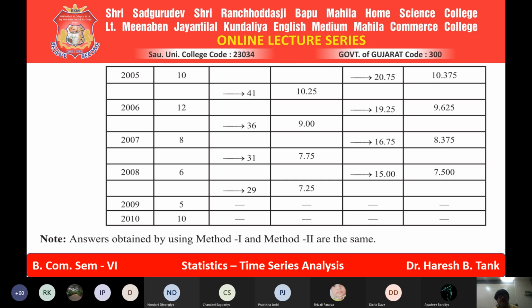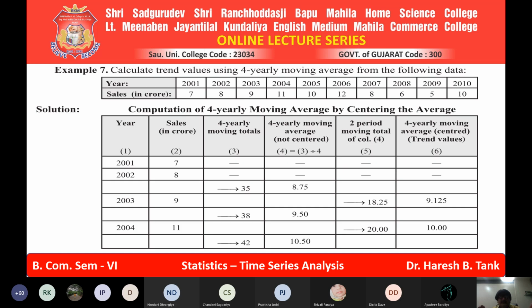And 15 divided by 2 becomes 7.5. And this becomes the 4 yearly moving average centered.